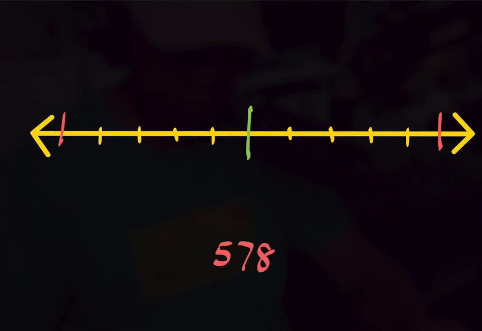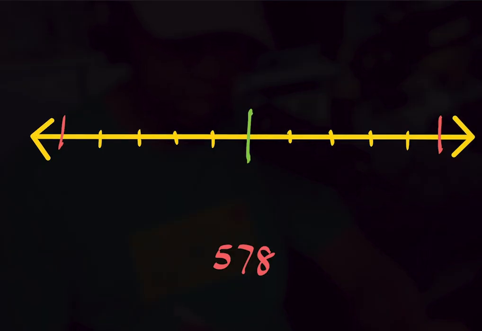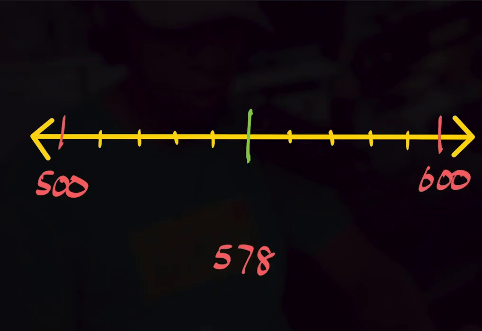$578 driver. I mean, you have to just really love this game in order to spend as much money as you need to. 500 is the low hundreds, and 600 is the high one because there's a 5 in the hundreds place. The midpoint is going to be 550. I need to figure out where 578 is.